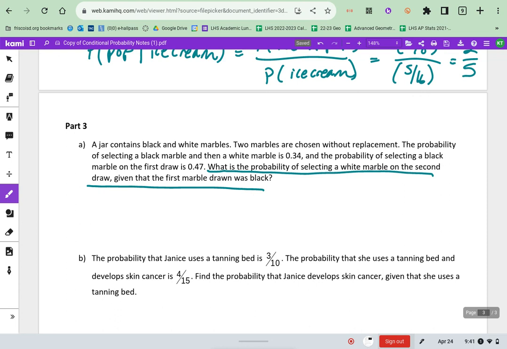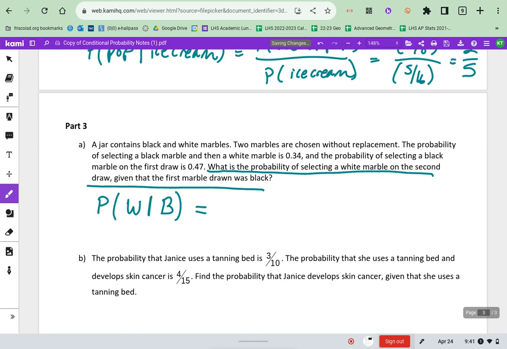Okay, that's kind of a lot. So my strategy is always to write down in probability notation what I have and what I'm looking for. What I'm looking for is the probability I get a white marble given I already had a black one. So what will I need to figure that out?